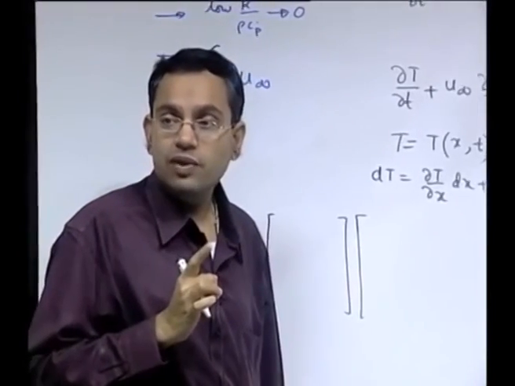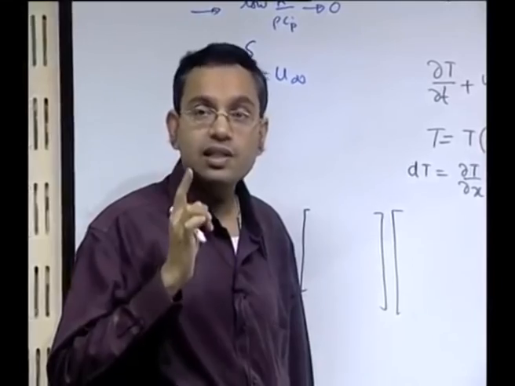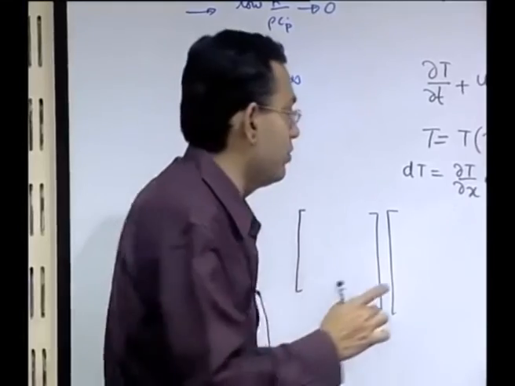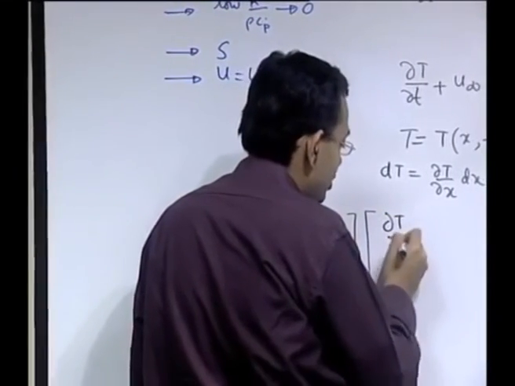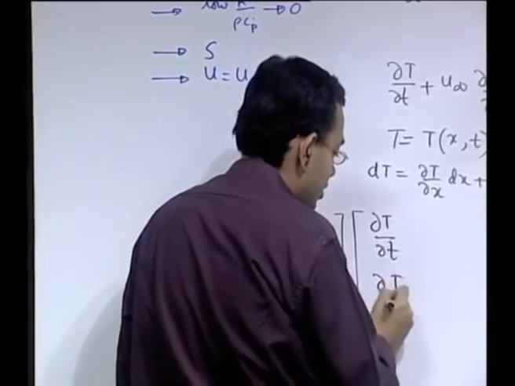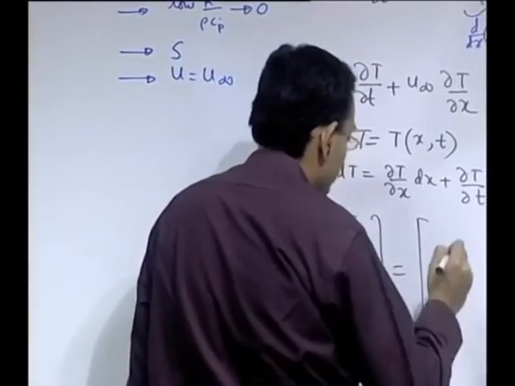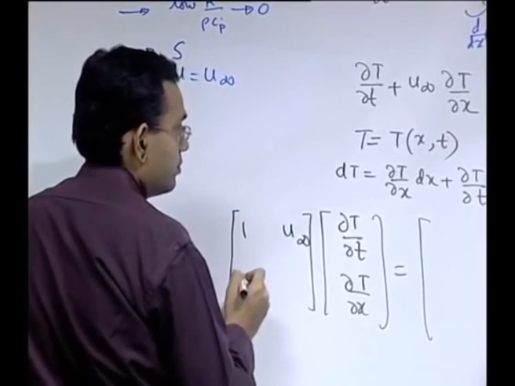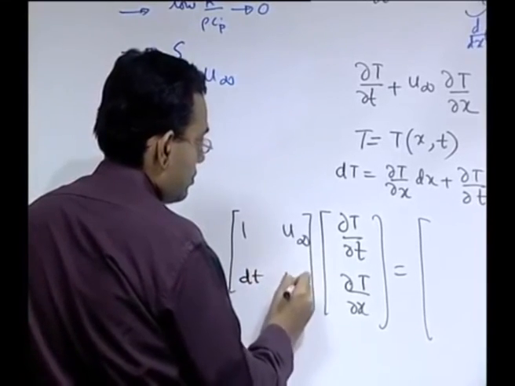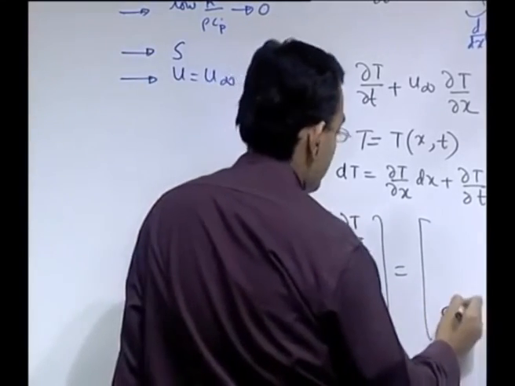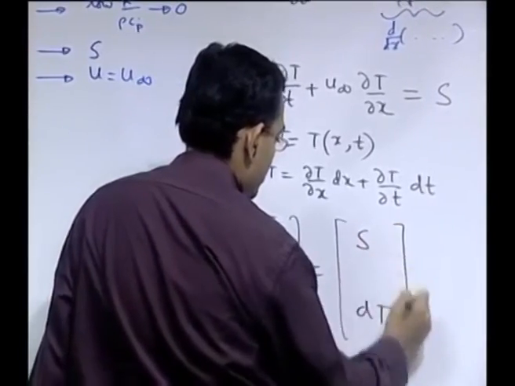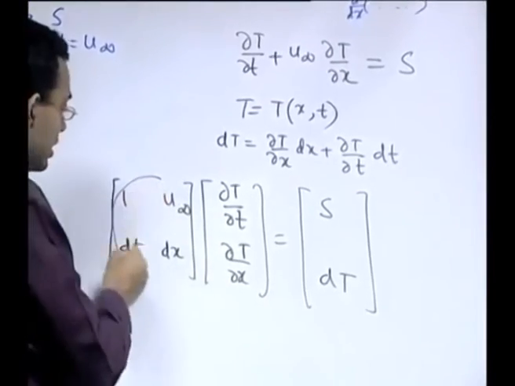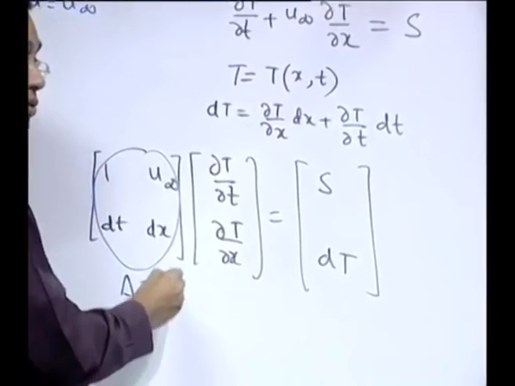For second order partial differential equation we looked for discontinuities in the second order partial derivatives. For first order we should look for discontinuities in the first order partial derivatives. So, let us write those for which we are looking for the discontinuities. So, for the discontinuity to exist we must have this determinant equal to 0.